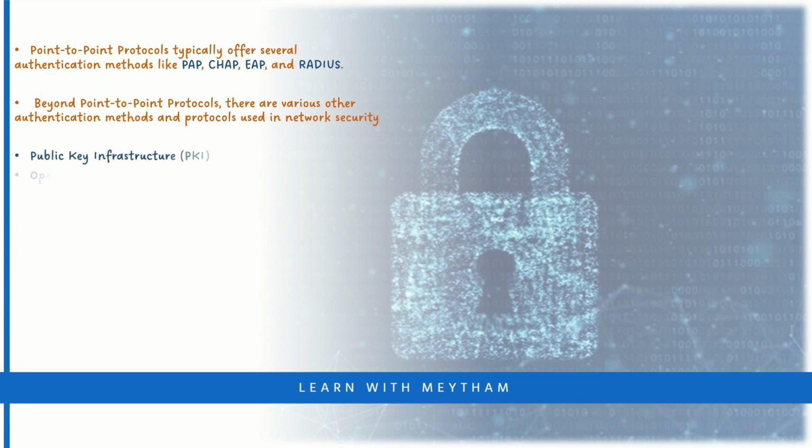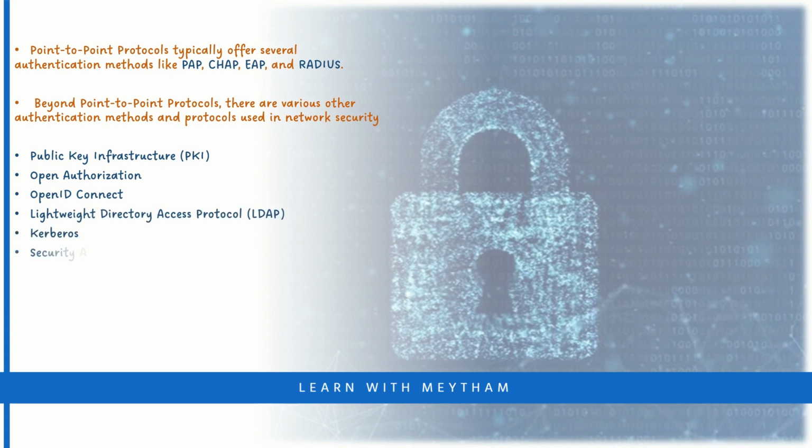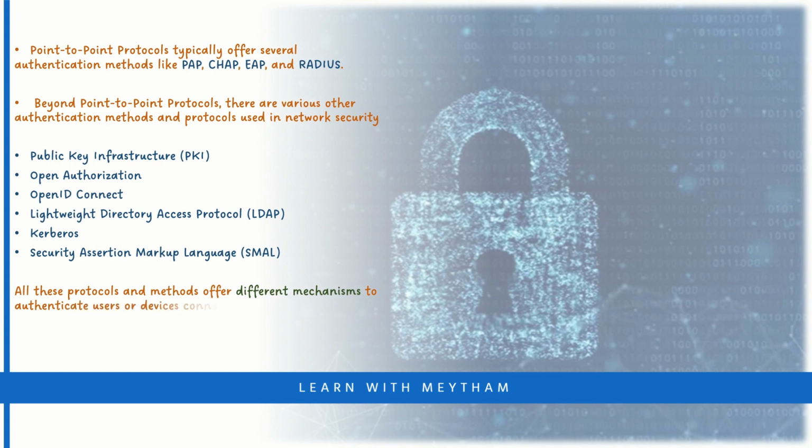For example, Public Key Infrastructure, Open Authorization, OpenID Connect, Lightweight Directory Access Protocol, Kerberos, Security Assertion Markup Language, and many others. All these protocols and methods offer different mechanisms to authenticate users or devices connecting to a network or accessing resources, ensuring secure and authorized access.